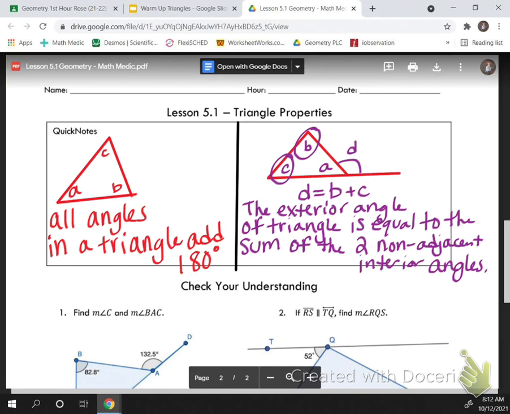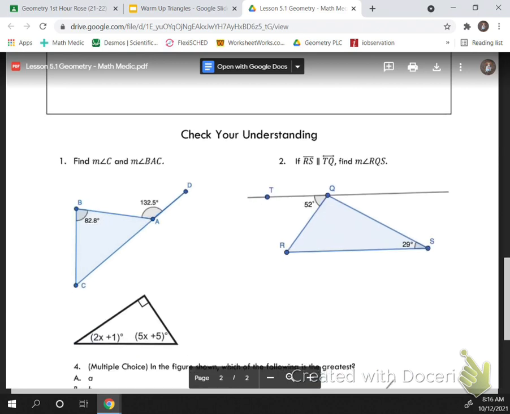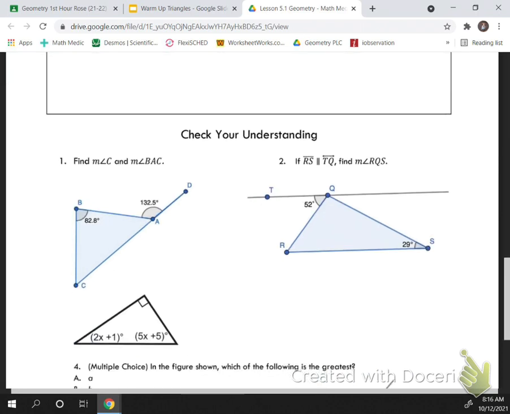Here we go. Let's talk about number one. You need to find angle C and angle BAD. Any ideas on how we'll find those angles? If I find this one first, I can use the fact that the three angles will add up to 180.